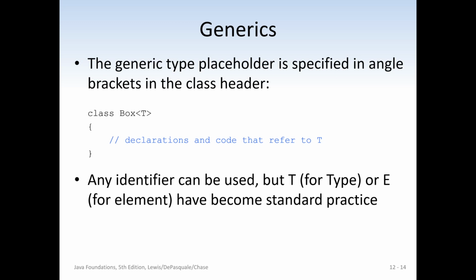Any identifier can be used, but we often use T for type or E for element. You can actually mix these things up. It doesn't really matter what you use for that, but this is sort of the standard. T is usually the standard that people use, even in C++ they use T. So there you go.